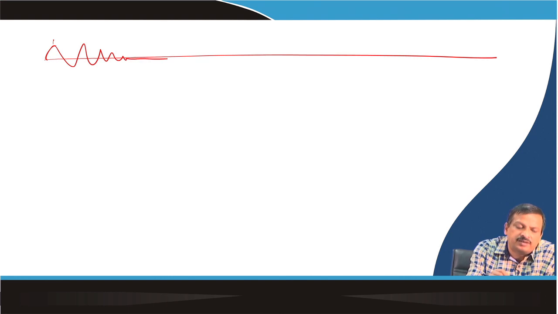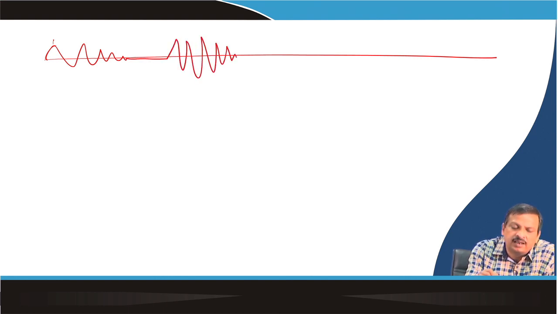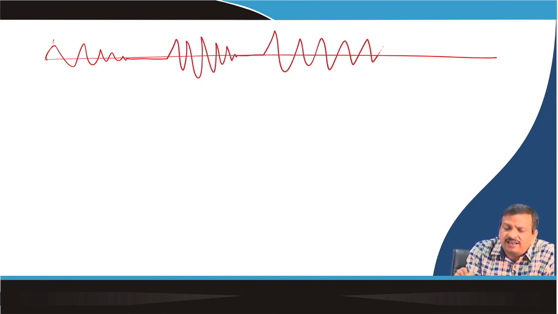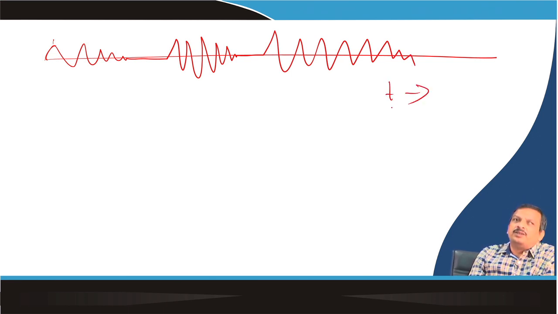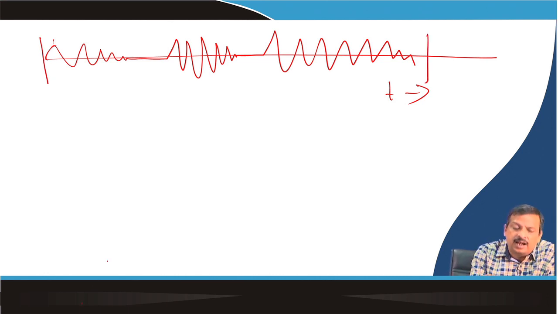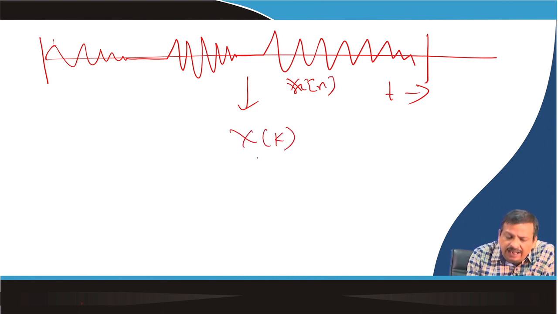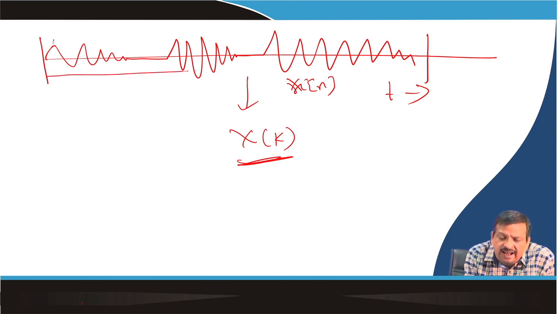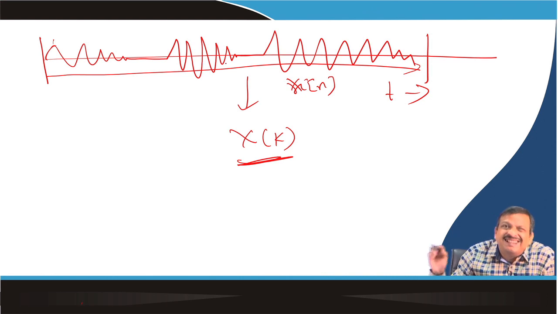So, sometimes silence, then there is a signal, then silence. So, along the timeline, the signal is non-stationary. If I take the entire signal at a time, let us say this is my x of n, and do my X of k, I get a frequency response in which I am considering that the entire time duration signal is stationary.